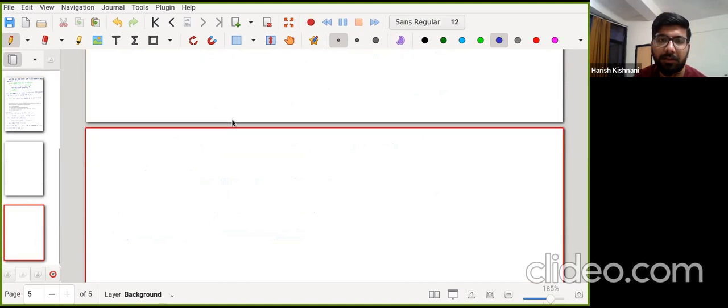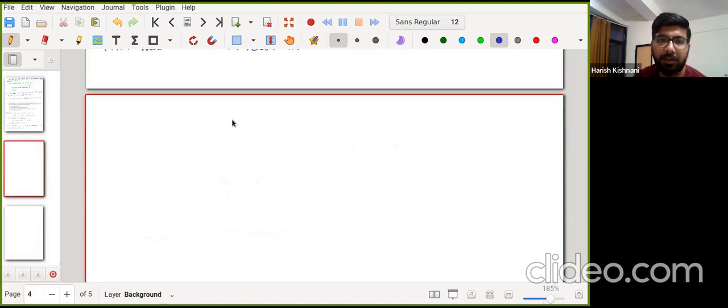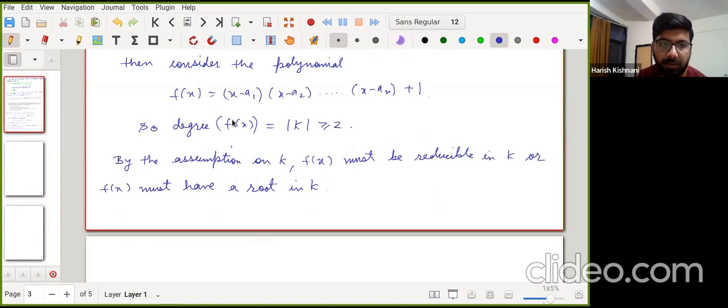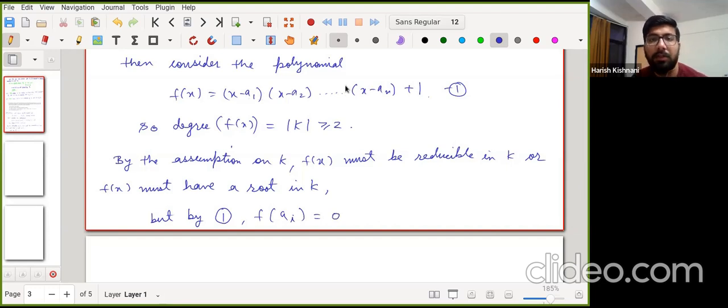Because, say, by 1, what you will get is f(ai) is nothing but, the first term will be 0 if you put any of the ai in place of x, because these are linear factors.